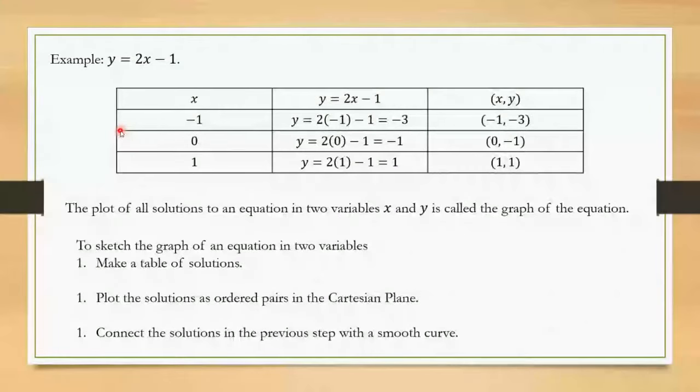But in fact, it's actually very easy to get many solutions. The whole idea is you just replace x by different numbers, and then you calculate the corresponding y. You replace x by numbers where the right side makes sense, and you can calculate the corresponding y. That's what I'm doing here.